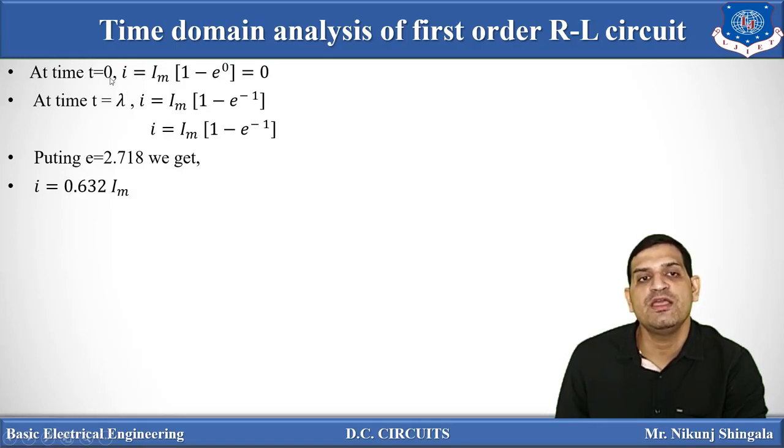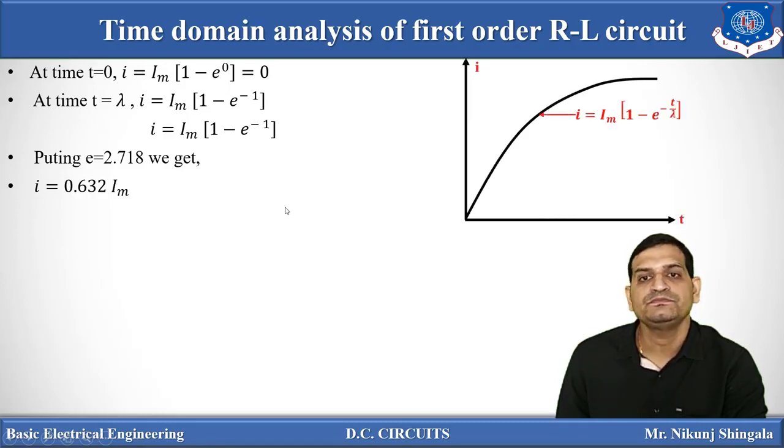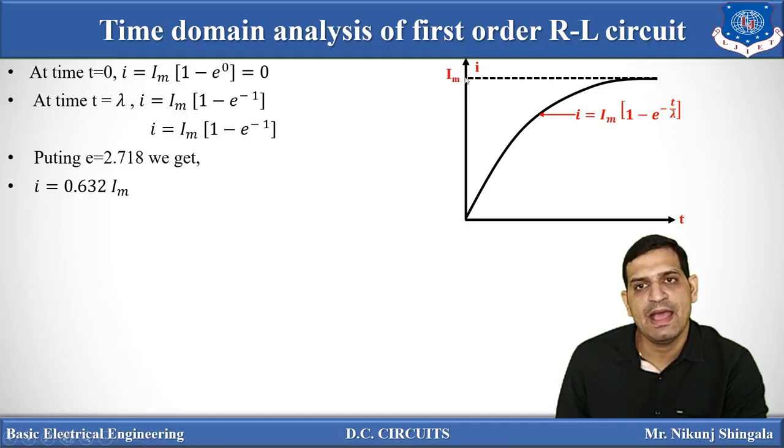Initial current, if we put t = 0, is 0. And this current which we are getting is after the time constant t = λ. Now if we plot this equation in the form of a graph, we get an I versus t graph, which is an exponential graph. The maximum value is Im, which is nothing but V/R.